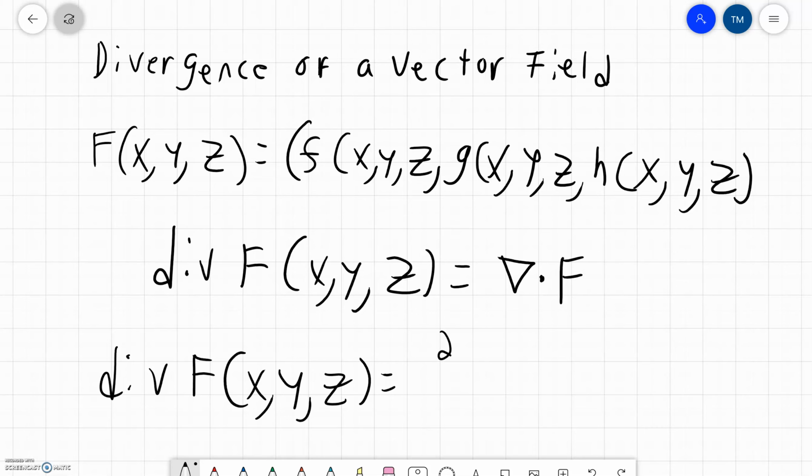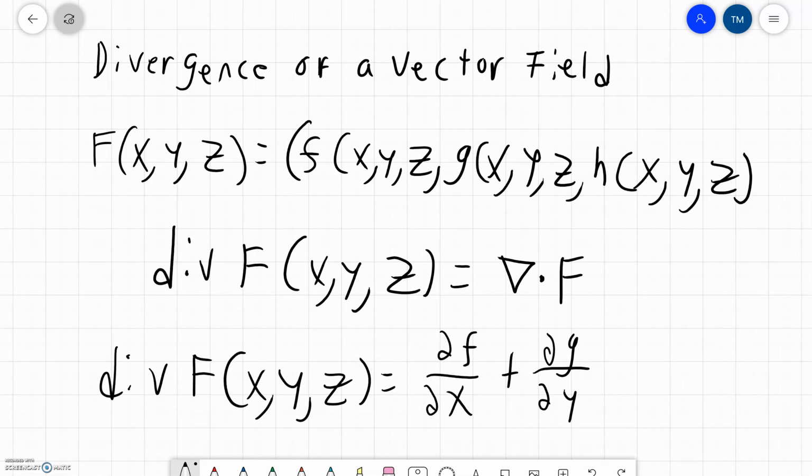is the partial of f over x plus the partial of g over y. Just keep it all together.